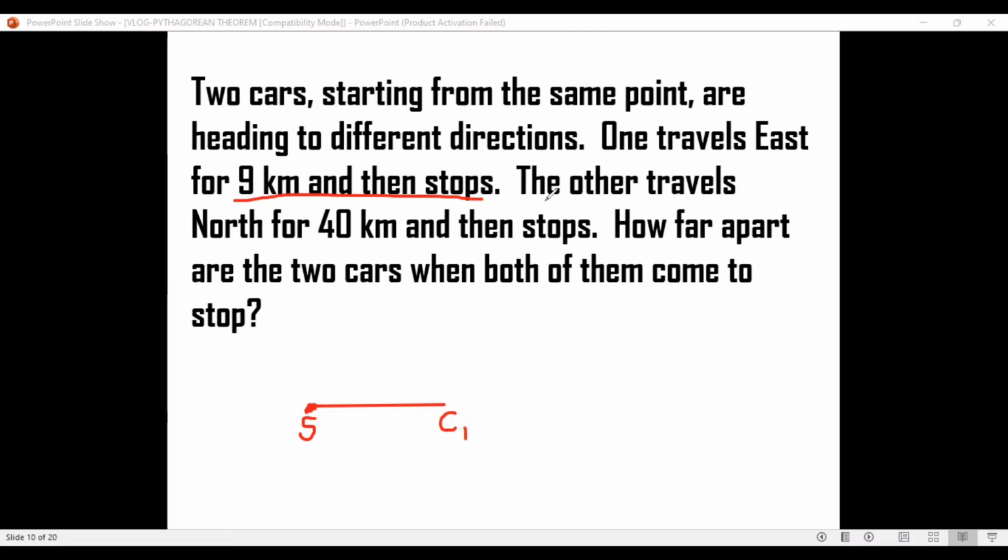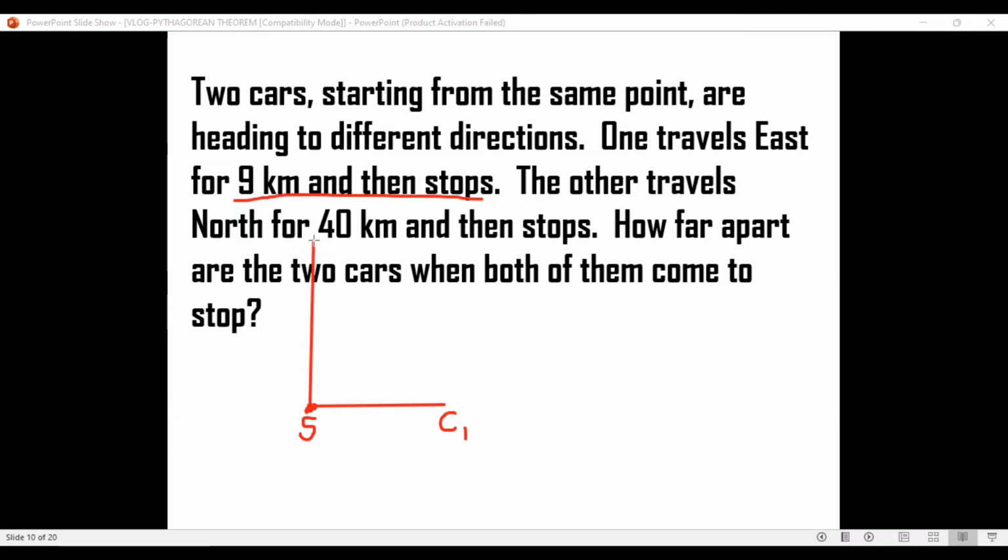And then the other travels north for 40 kilometers and then stops. So there is another car which travels and that is north. So that must be this direction. Okay. So if it's 40, that's quite longer than the 9. Okay.